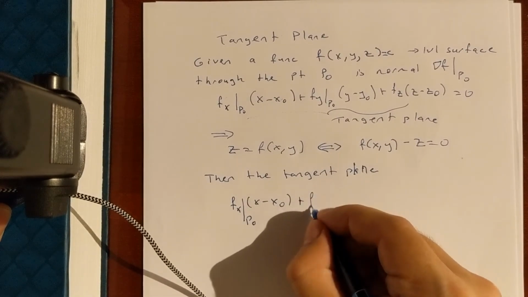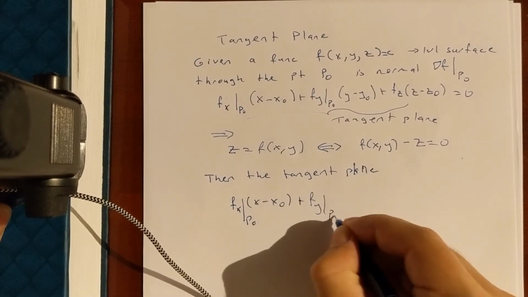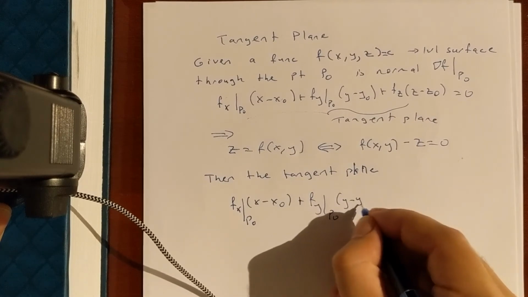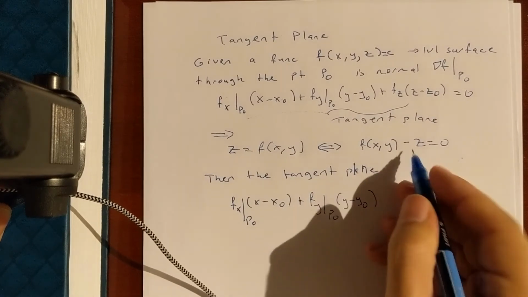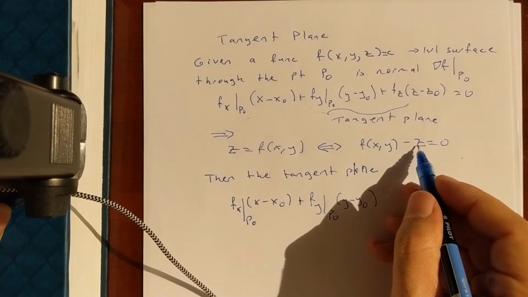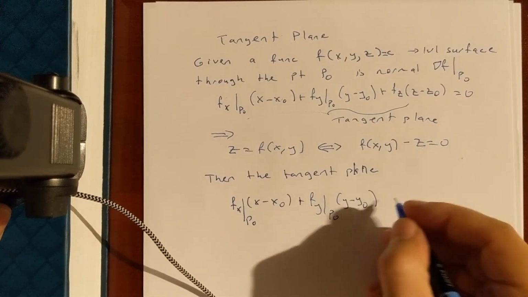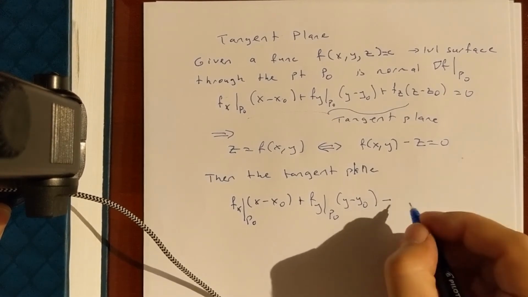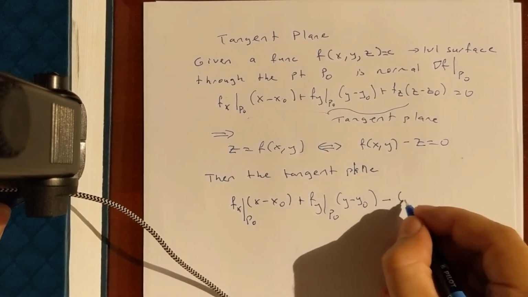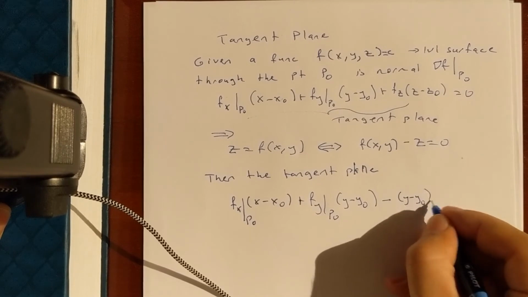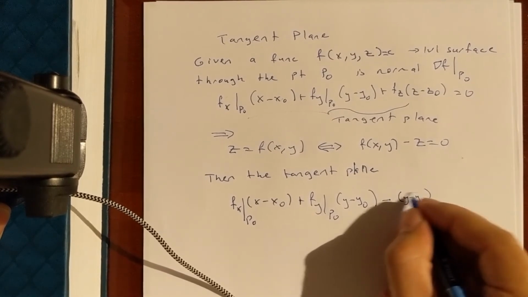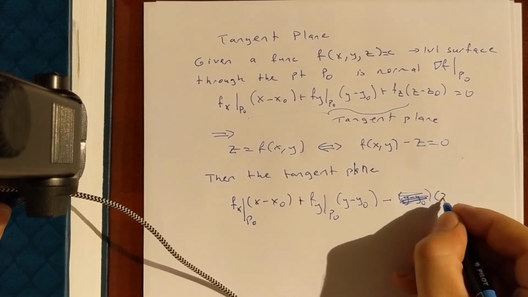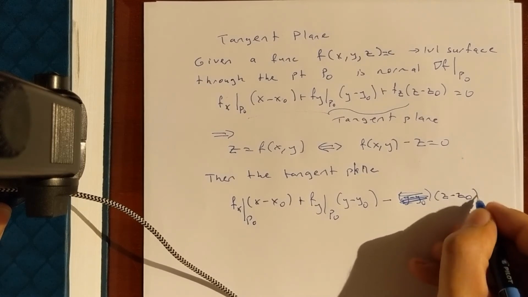Plus f of y evaluated at P naught times y minus y naught. But now f sub z was just minus z, so that's just minus 1. There's nothing to it. F sub z is just minus 1, so minus (z minus z naught) is equal to 0.